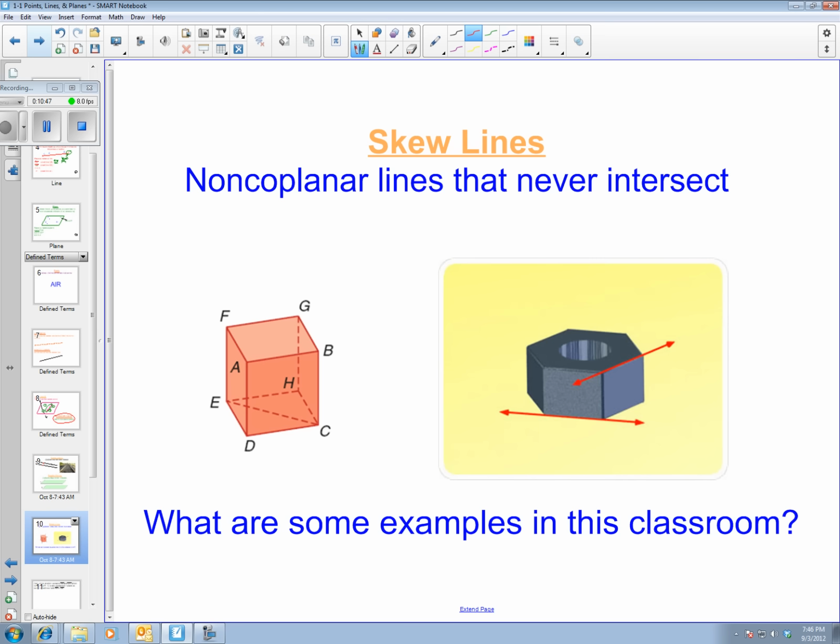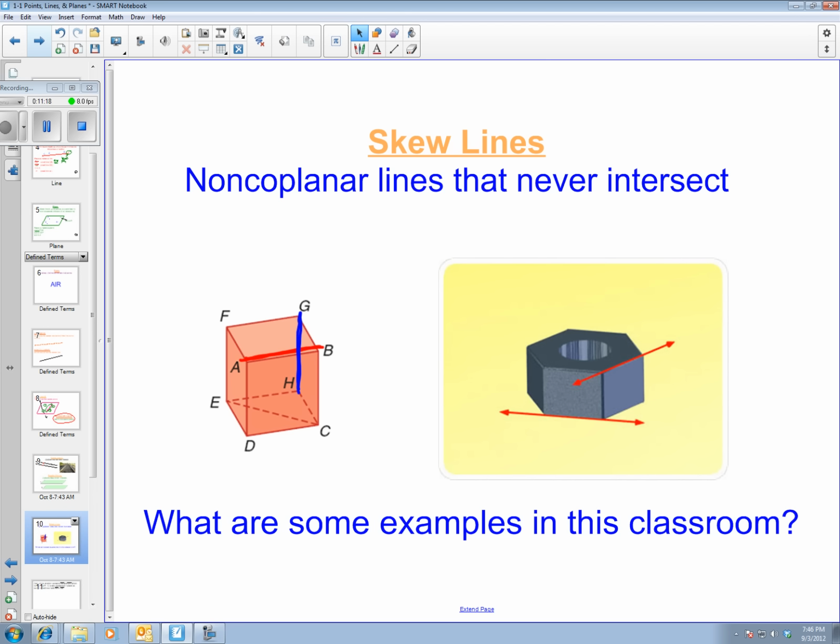So on the cube, I could use AB, and I could use HG. They look like I've drawn them to cross each other. However, if you were to grab a box of Kleenex and color in that top edge and then color in the back edge, you would see that those lines never cross. They would be called skew.